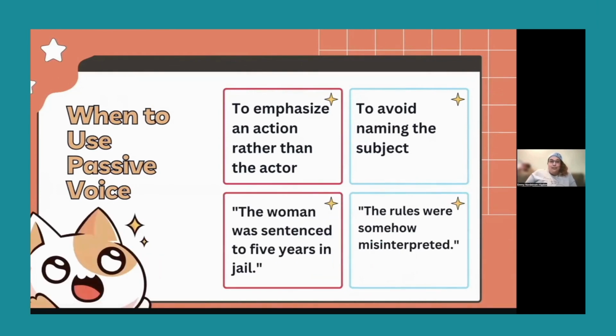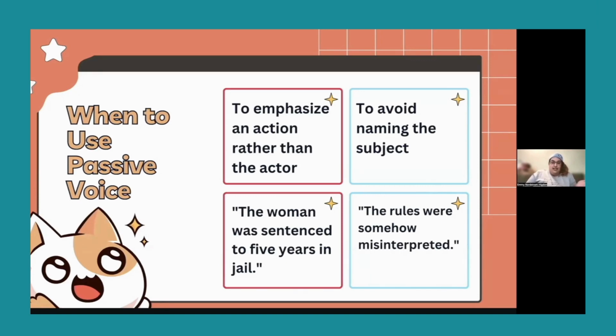There are a couple of situations in which you could use passive voice and it would still be really effective. One is when you want to emphasize an action rather than the actor. For example, we have here, the woman was sentenced to 5 years in jail. This emphasizes that she was given this prison sentence, and it takes the action off of the judge.